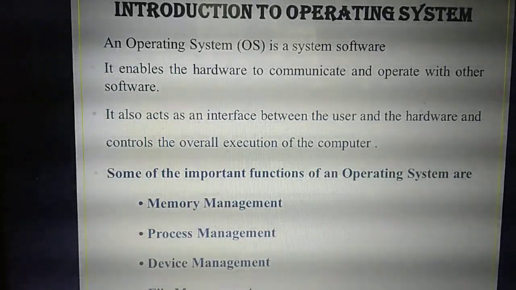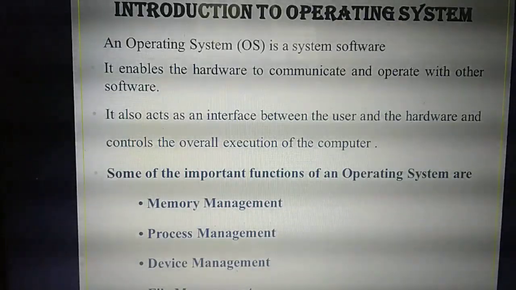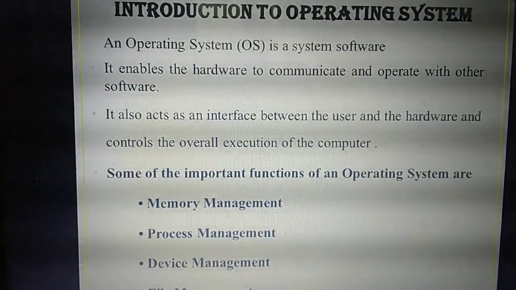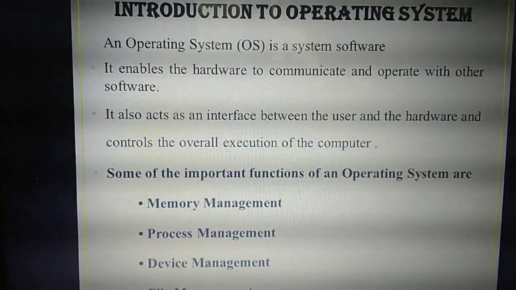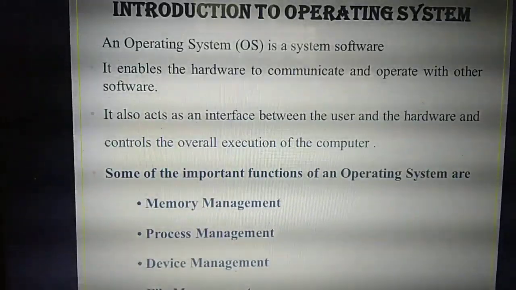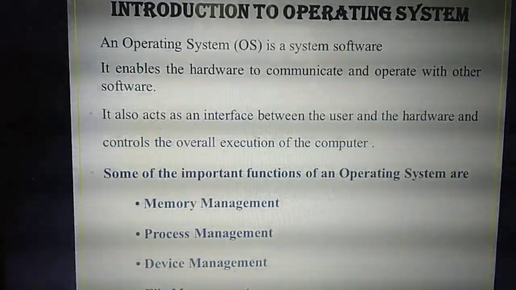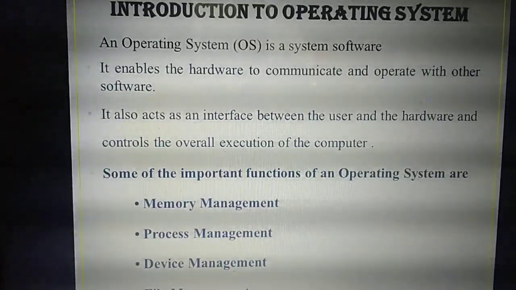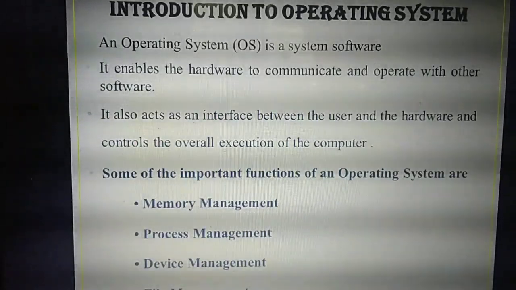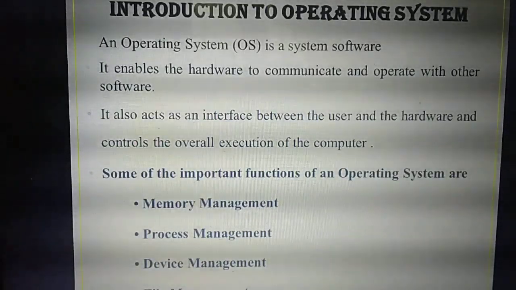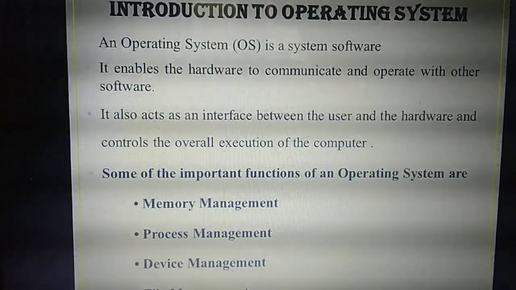Okay. So whether operating system is an application software or system software. Think and say whether operating system is a system software or application software. What's the difference between system software and application software? What do you mean by system software?